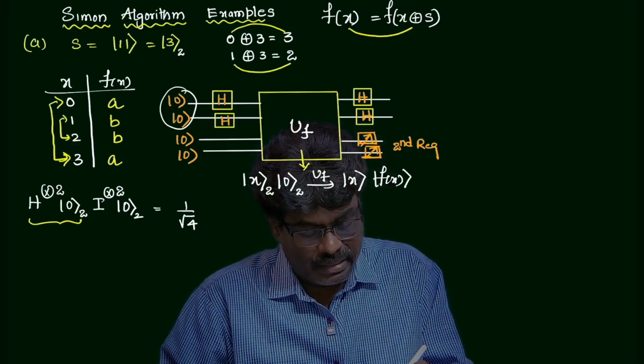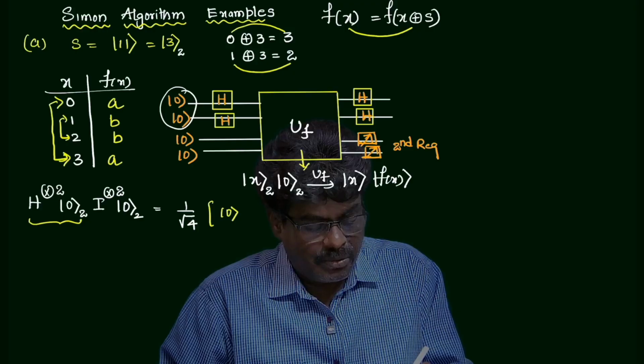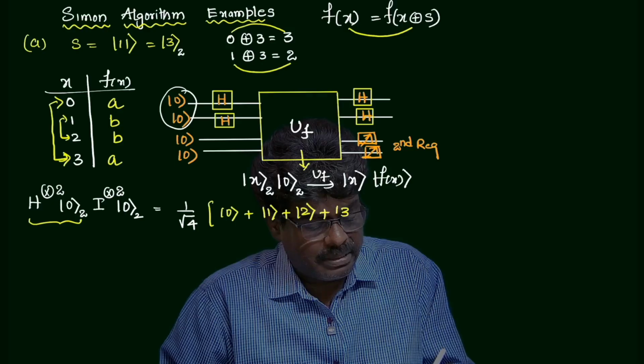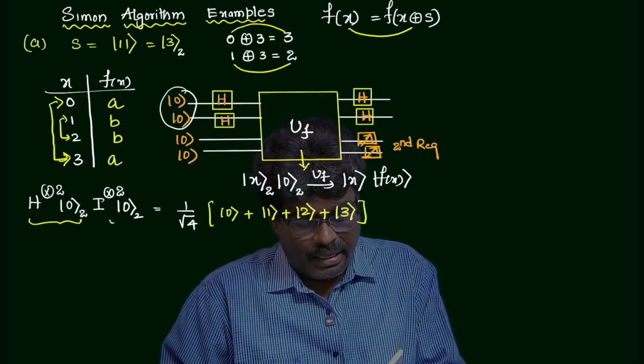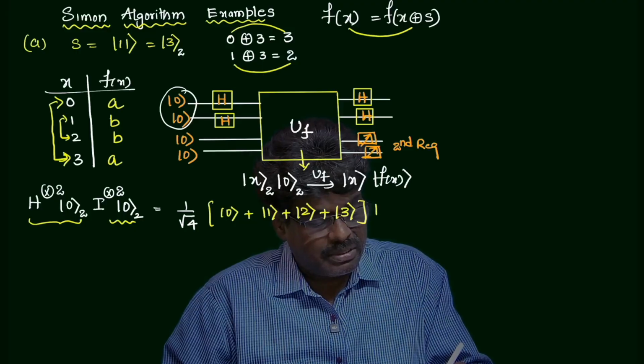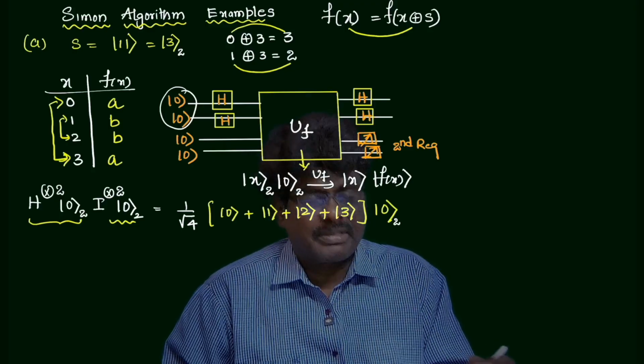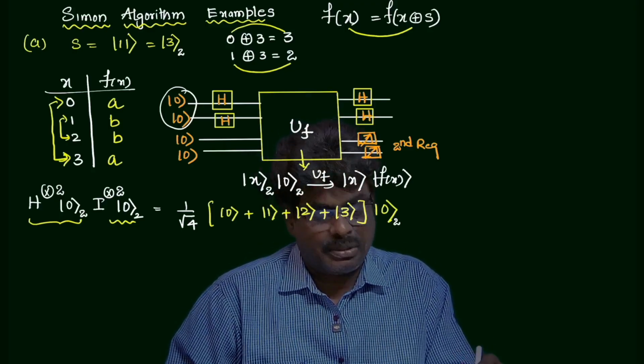So that's why this can be written as 0 plus 1 plus 2 plus 3. And here no change as usual, so this is nothing but 0. Don't forget, here 2 qubits are there, 0 0.